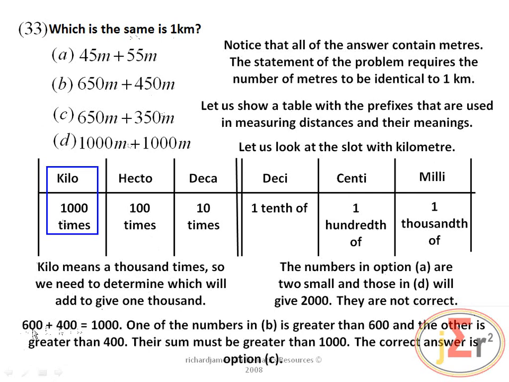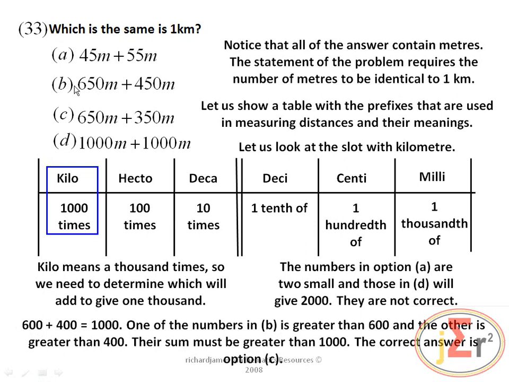We know that 600 plus 400 is equal to 1,000. So look at option B, one of the numbers is greater than 600, and the other one is greater than 400. So we are sure that this one is going to be too many.